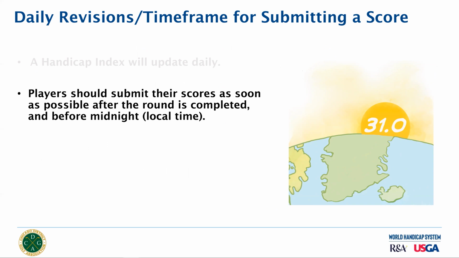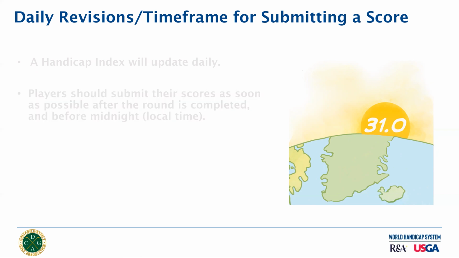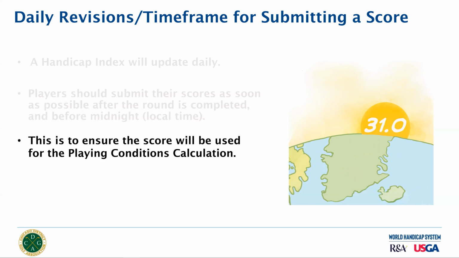So for us in Chicago, Central Time is what the vast majority of our golfers are on. By midnight Central Time, the score needs to be posted. We will encourage golfers to post immediately after the round and definitely post the day they play. This is to ensure that the score will be used for the playing conditions calculation that will be done overnight, as well as updating the index for the next day.